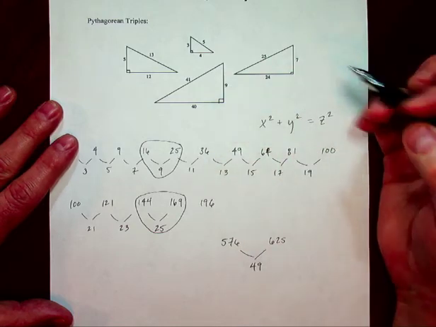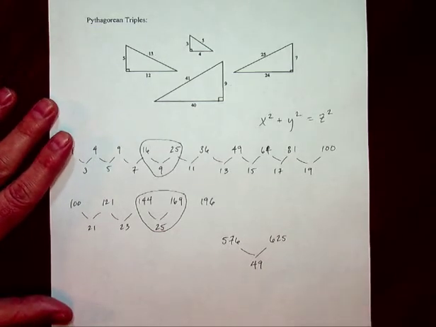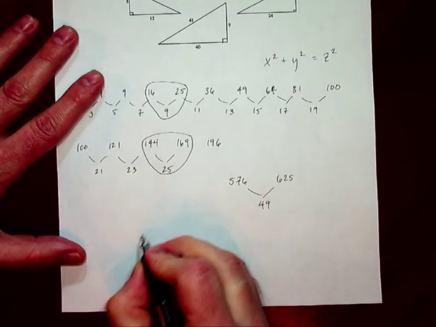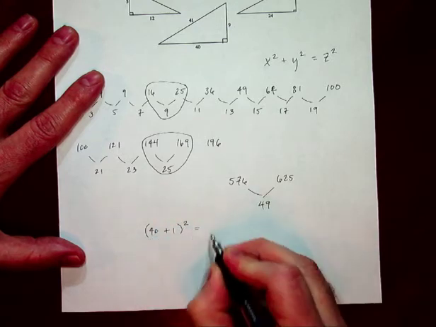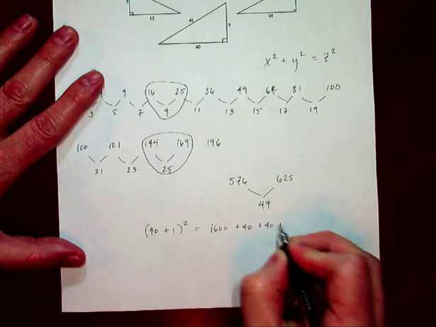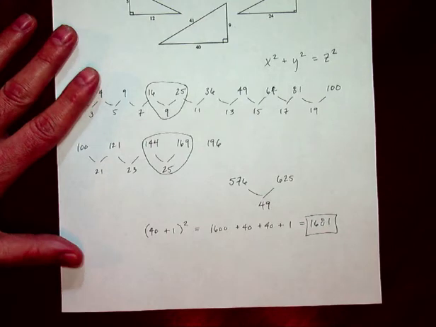Okay? 41 squared is 1681. And if you're thinking to yourself, gosh, 41 squared, remember that that's 40 plus 1 squared, and we can just FOIL it. 1600 plus 40 plus 40 plus 1 is 1681. And there you go. Okay?